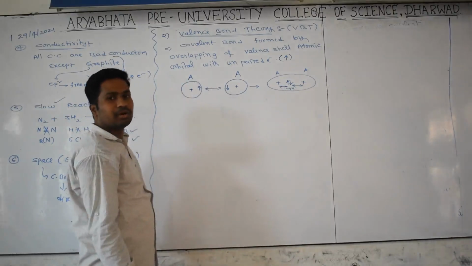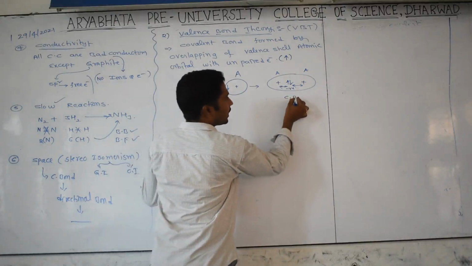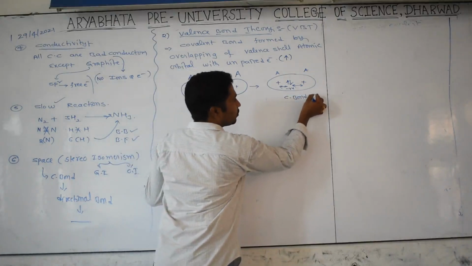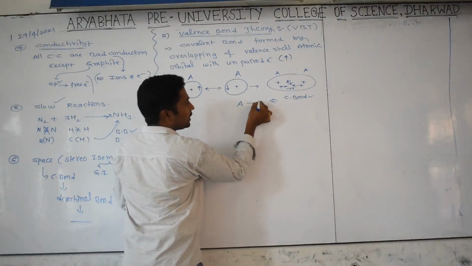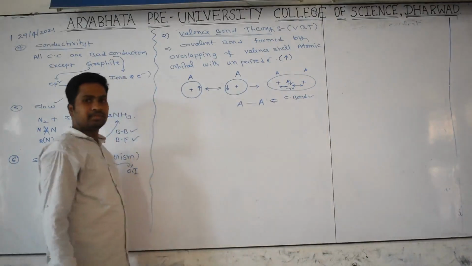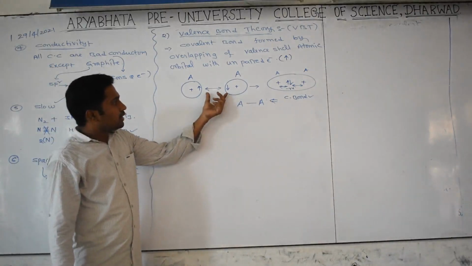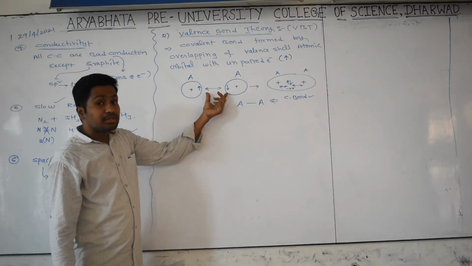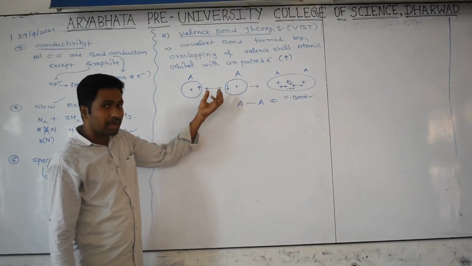The force of attraction is called a chemical bond between the two particles. The chemical bond is formed, and that chemical bond we show as a single bond. Very simple. When atoms approach together with valence shell orbitals having a single electron, they are involved in overlapping.